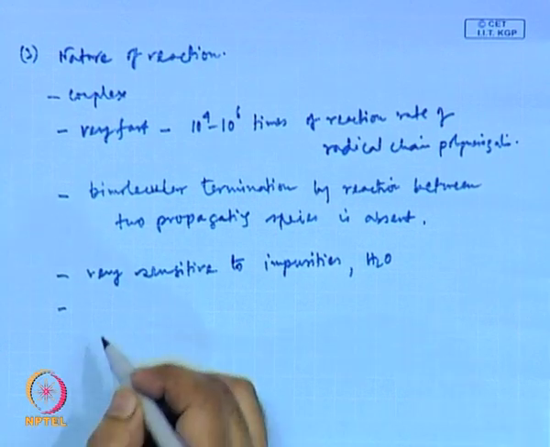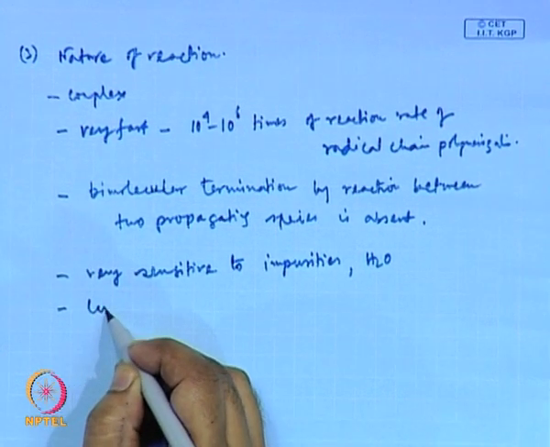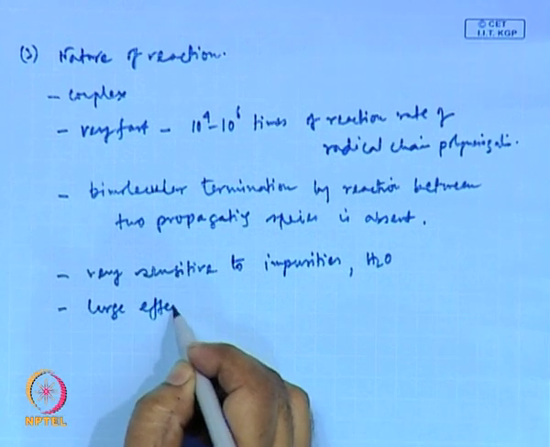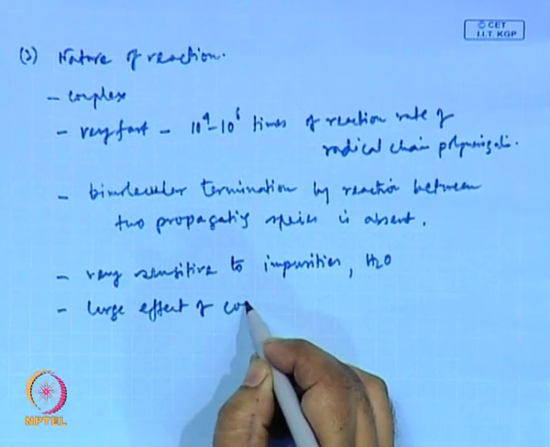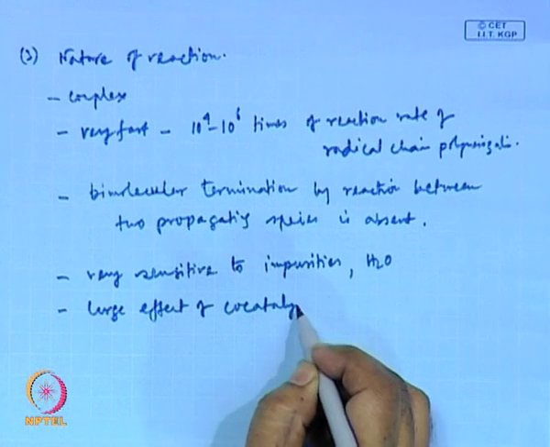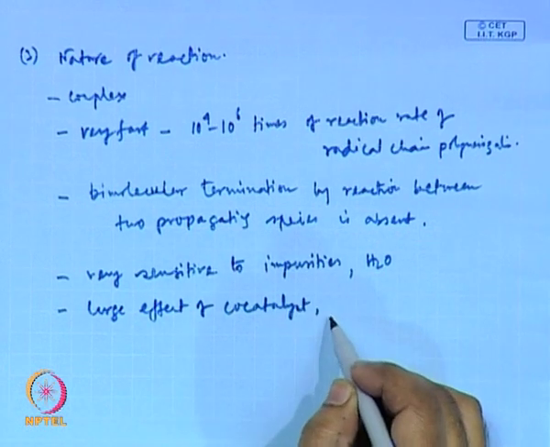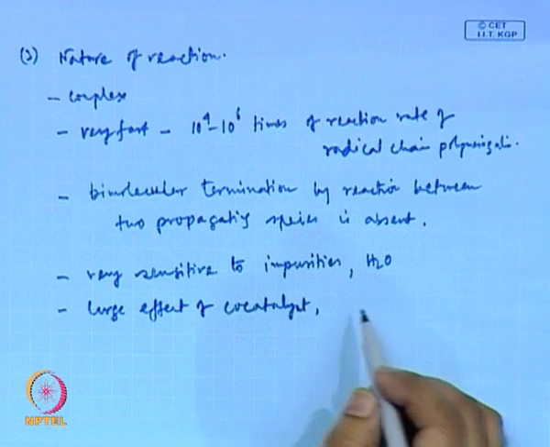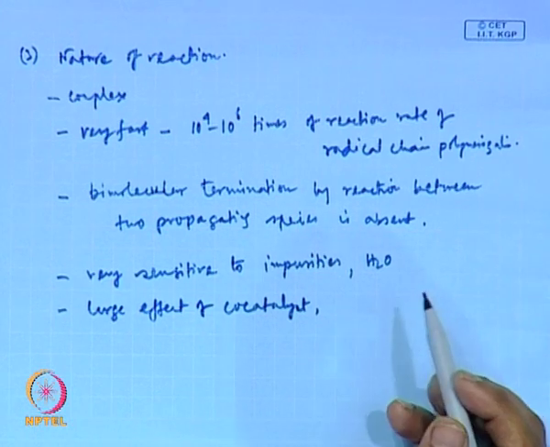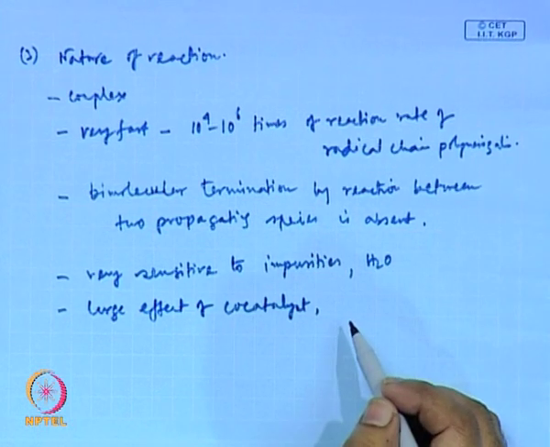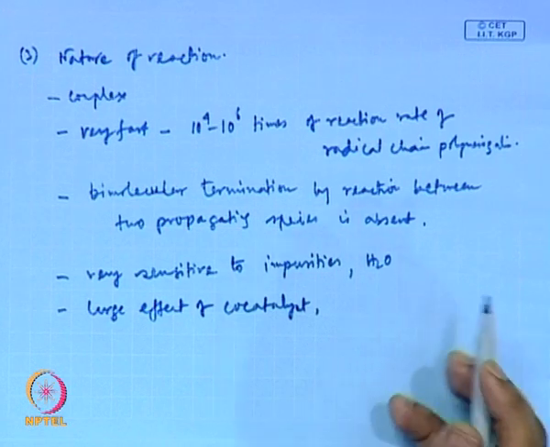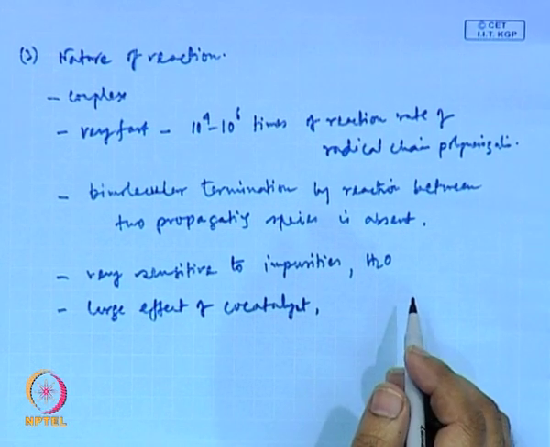And sometimes there is a large effect of co-catalyst. Co-catalysts are small compounds like H2O that can be observed in case of ionic polymerization, which was not the case in radical polymerization.